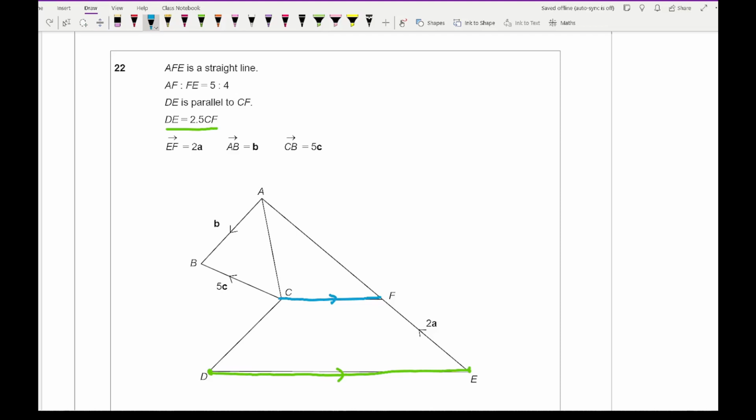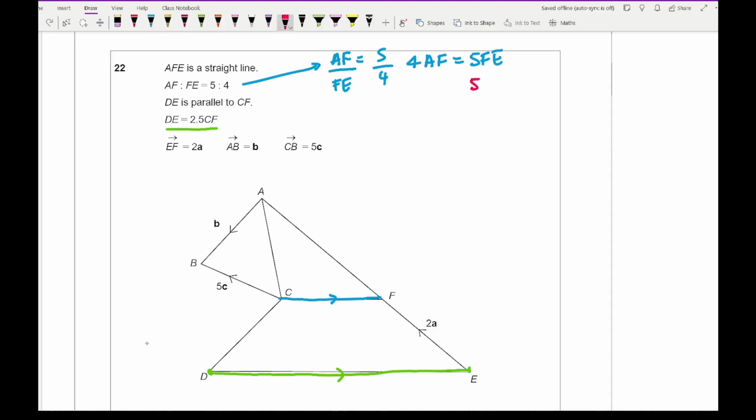So here we know that AF, using this, is going to be equal to 5 parts. So AF, FE equals 5 to 4. So we know that AF equals 5 and FE equals 4. Now in terms of FE, we know that FE is 2A.